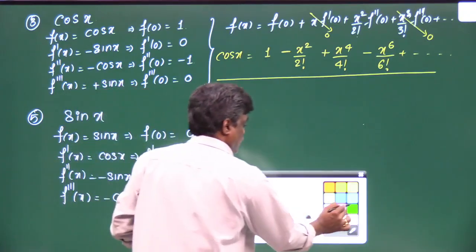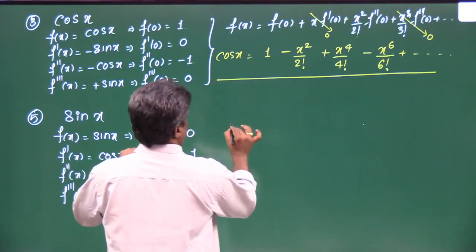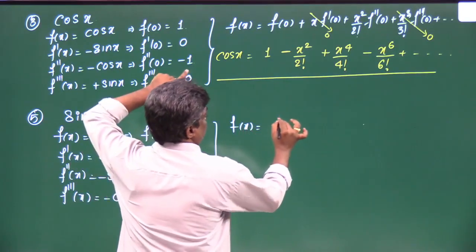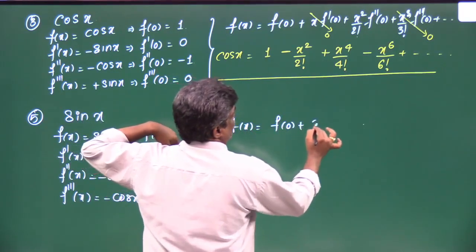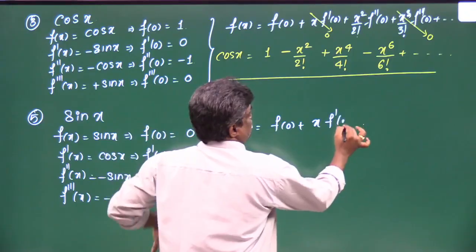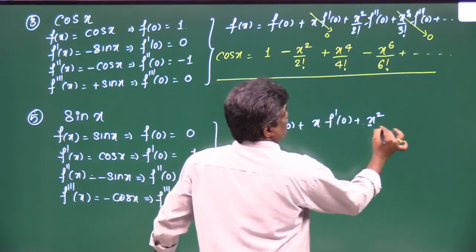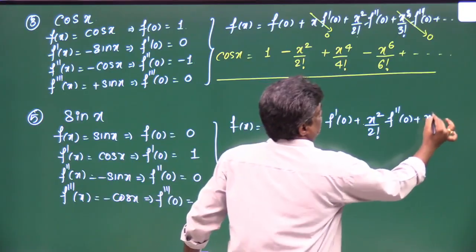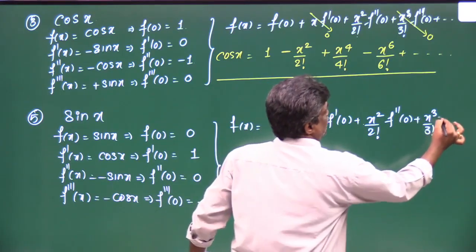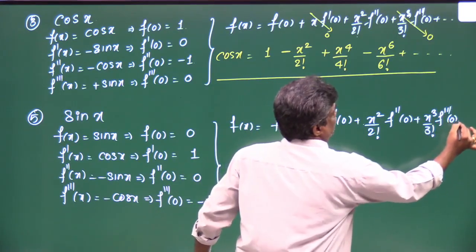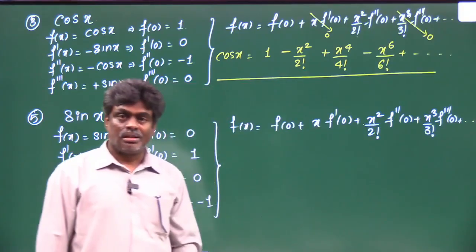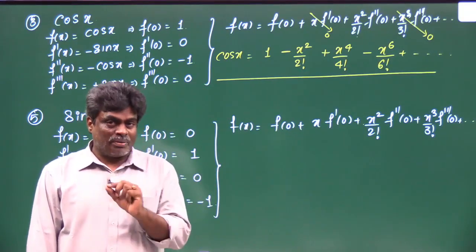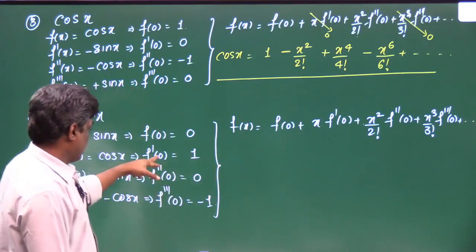Let me first write the f of x formula using all these things. f of x is equal to f of 0 plus x into first derivative plus x square by 2 factorial into second derivative plus x cube by 3 factorial into third derivative, and so on. For the sin expansion, we are left with only odd powers and even powers are 0.